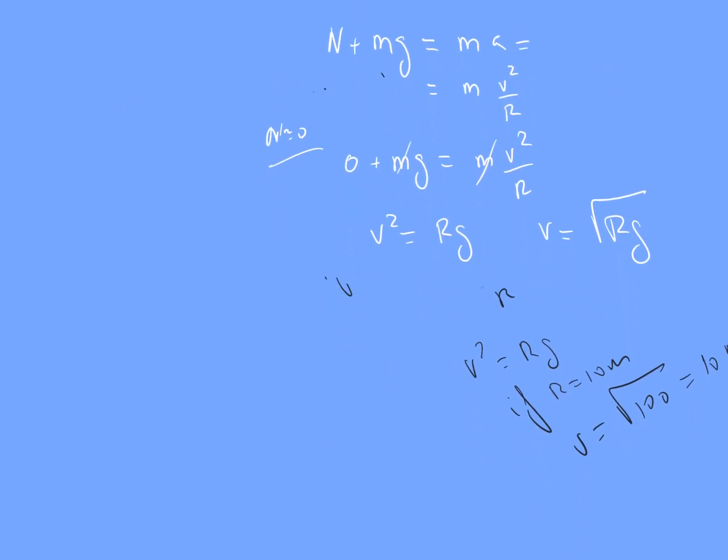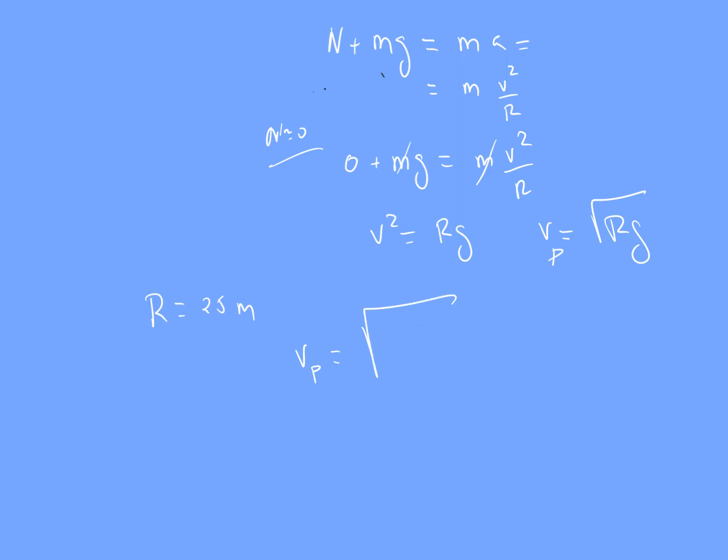For example, let's say that the radius is 25 meters. The velocity that you need at the point P, v of P, is the square root of 25 times 10 meters per second squared.